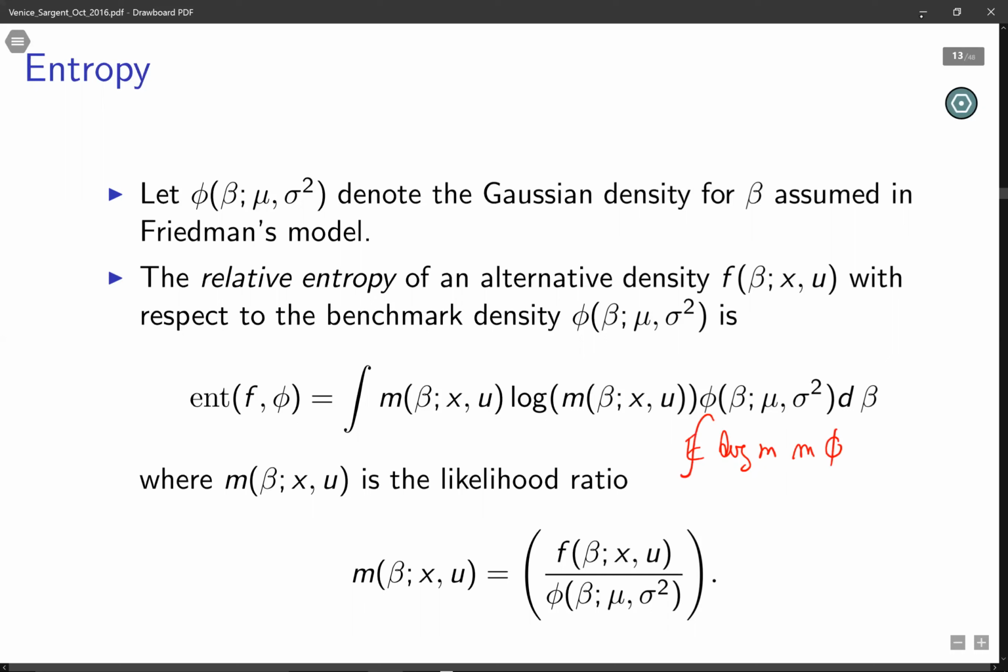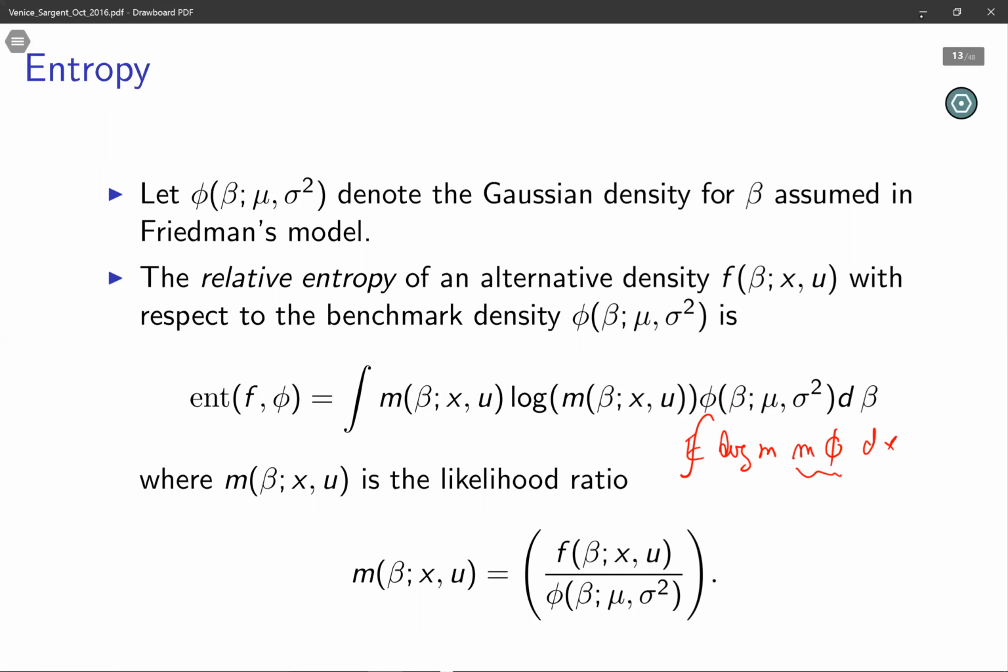So we integrate with respect to the distorted density. It's not a metric, but it's a measure. It's a non-negative quantity, a measure of the discrepancy between two distributions.